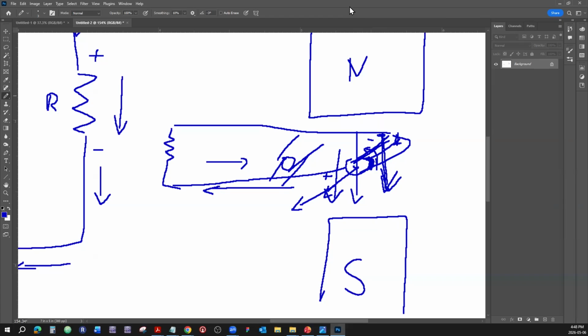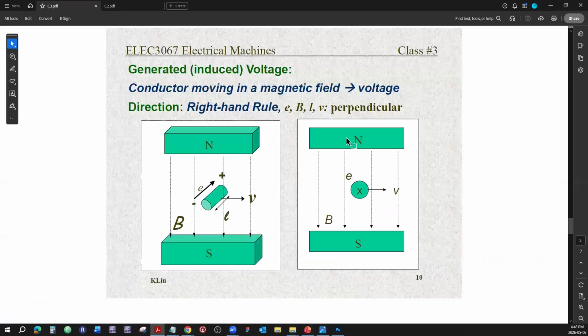Now, where am I with this thing here? Good. All right, so here we're doing the right-hand rule. If we place our hand so the lines are hitting the palm of our hand, then our fingers are going to point towards the electric current flowing.